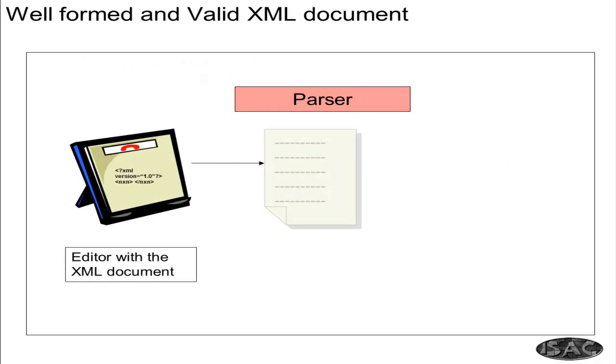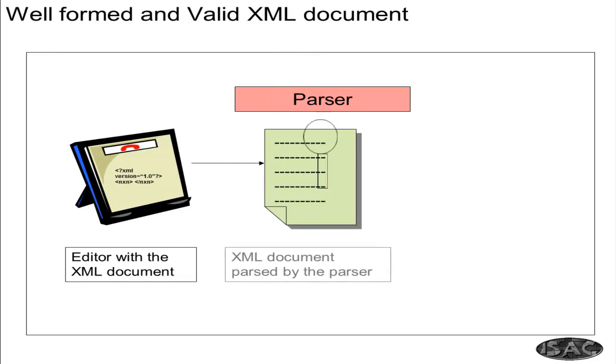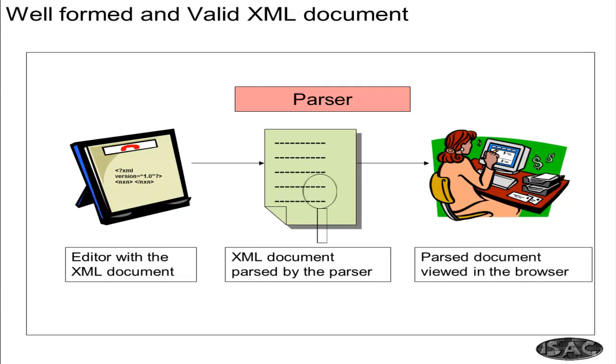Now, before we get deep inside DTD, let us understand how XML documents work. So generally what happens is that we have some XML document. Let us assume that this is an XML document, and this XML document is going inside a parser.